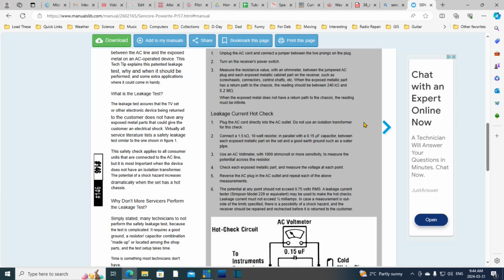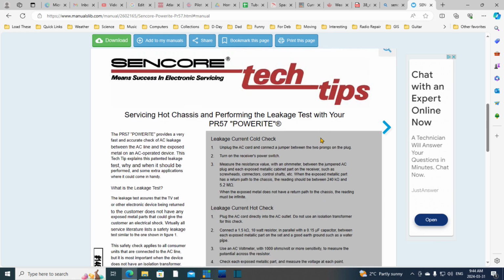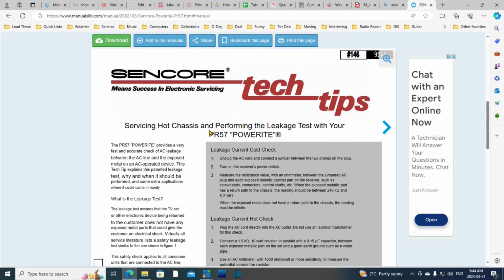Connect the 1500 ohm, 10 watt resistor in parallel with a 0.15 capacitor between each exposed metal part on the set and a good earth ground. Hey, wait a minute. This isn't how you... Servicing hot chassis, performing tests with your power array.